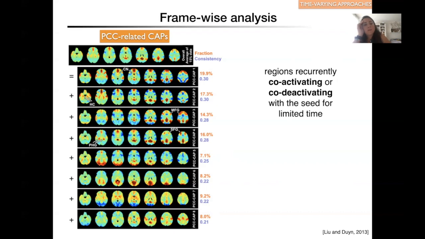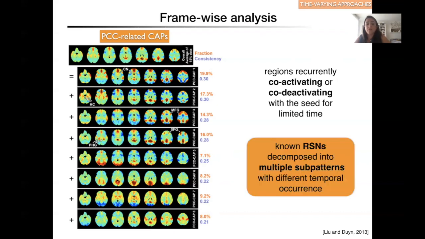For example, here on the left, you see the CAPs related to PCC, the posterior cingulate cortex, and we can see on one hand that we retrieve well-known resting state networks such as the DMN, also decomposed in different subportions, meaning that indeed these networks do not always occur as a whole, but probably different portions of the network recur at different moments.